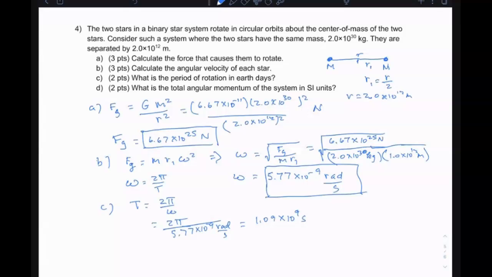And then we want to convert that to Earth days. And we know that there are 3,600 seconds in an hour. So that's divided by 3,600. We've changed this to hours. And then we know that there are 24 hours in a day.